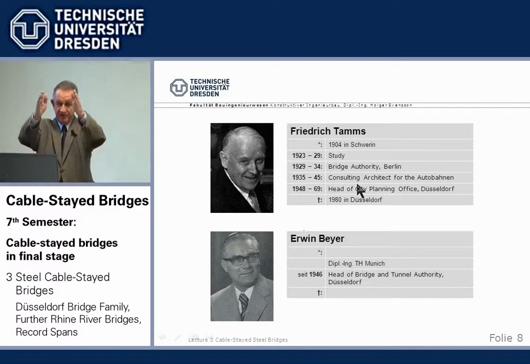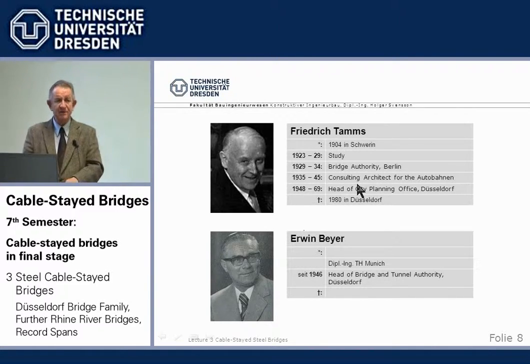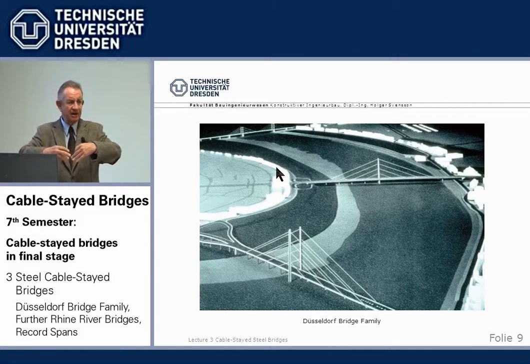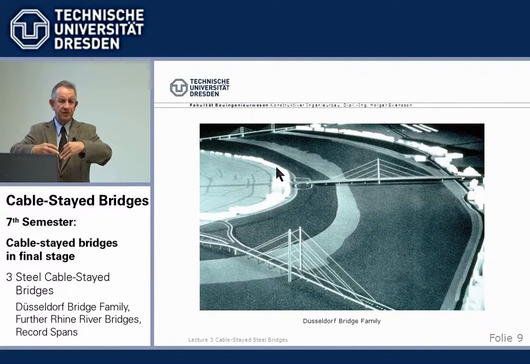I want freestanding tower legs to indicate that we have here a different type of bridge from suspension bridges. And so these are the two visual characteristics which I say visually tie together these three Düsseldorf bridges, although each in itself is structurally quite different.